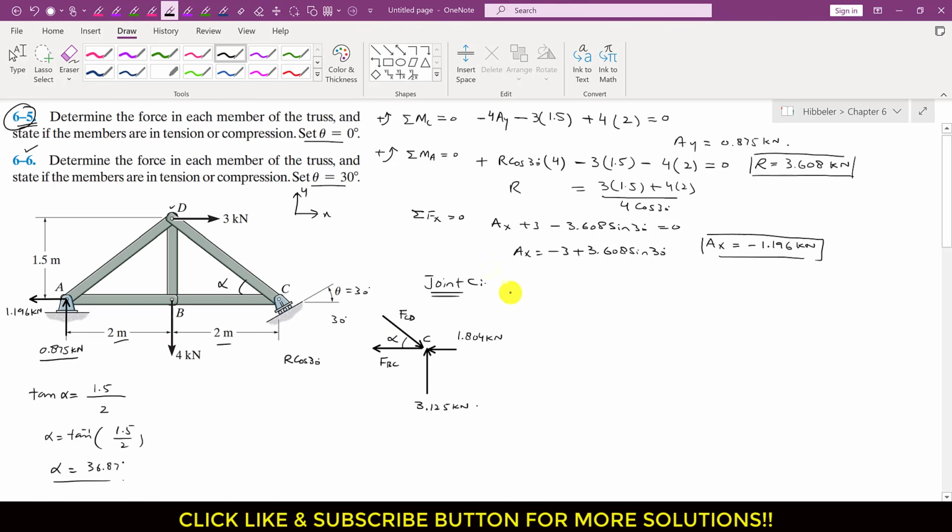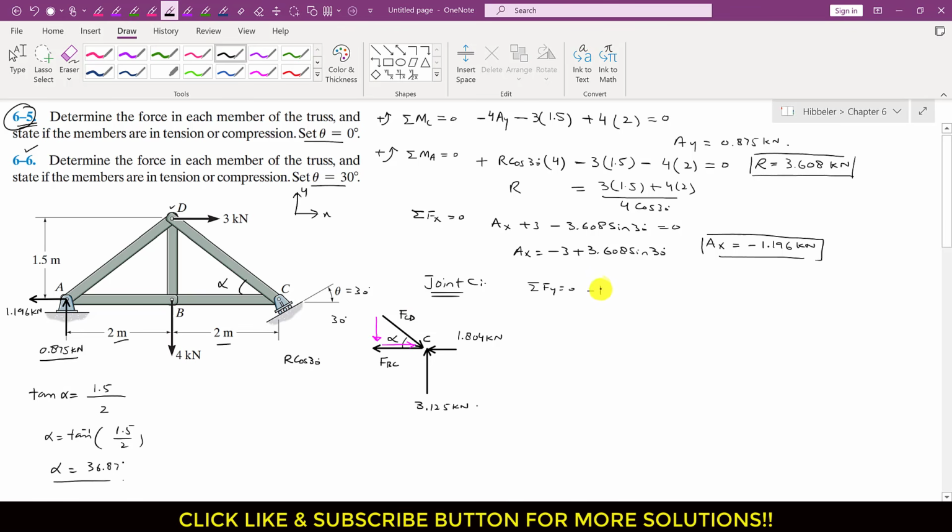Now if we apply the summation of forces along y equals 0 at joint C, FCD will have two components. One component acts in this direction, and one component acts vertically downward. This one is the cos component and this one is the sine component. In the summation of forces along y, this component of FCD is acting in the negative direction and it is the sine component.